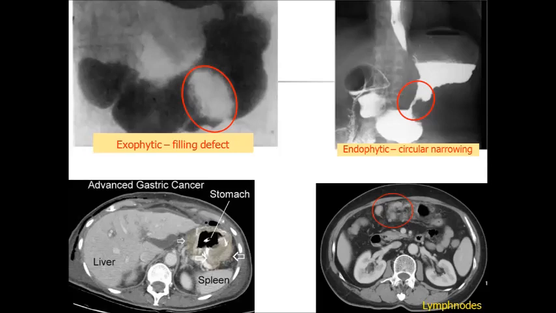CT allows, of course, X-ray film is not enough, even when confirmed by biopsy, by endoscopic study, is still not enough to complete evaluation of gastric cancer, and for correct staging, advanced gastric cancer needs to be confirmed by CT examination.